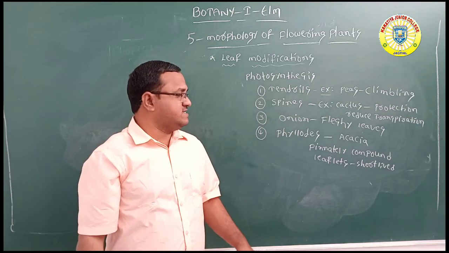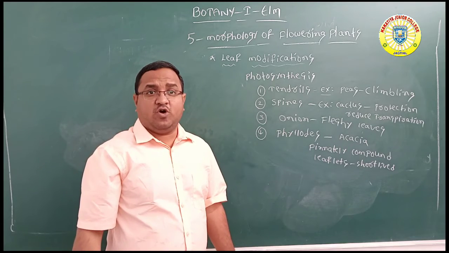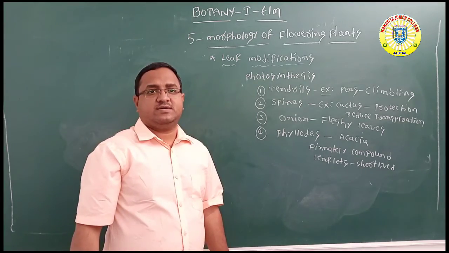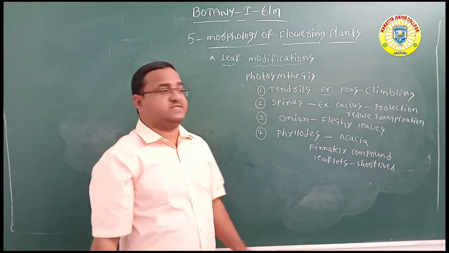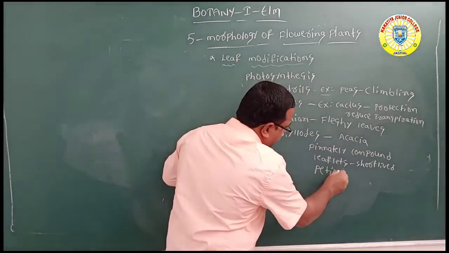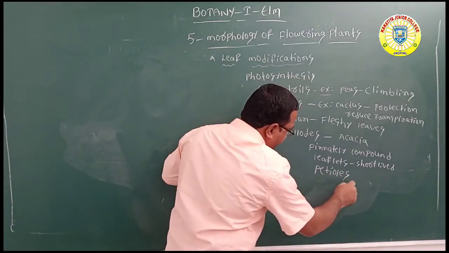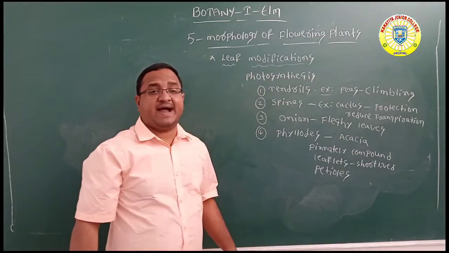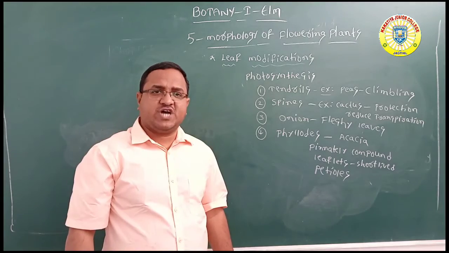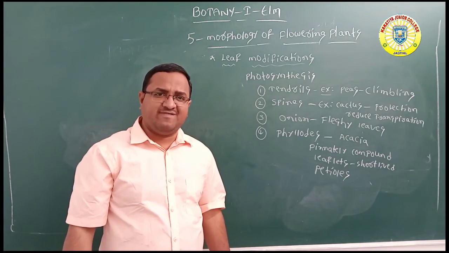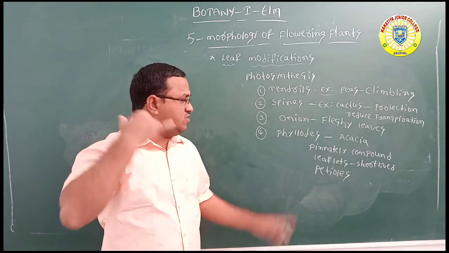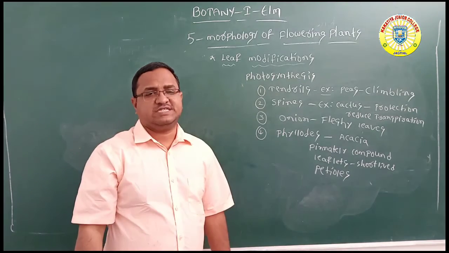In these plants, the petioles are expanded and modified to perform photosynthesis. These expanded petioles are green in color, which can perform photosynthesis and prepare the food. So this type of modification is called phyllodes.